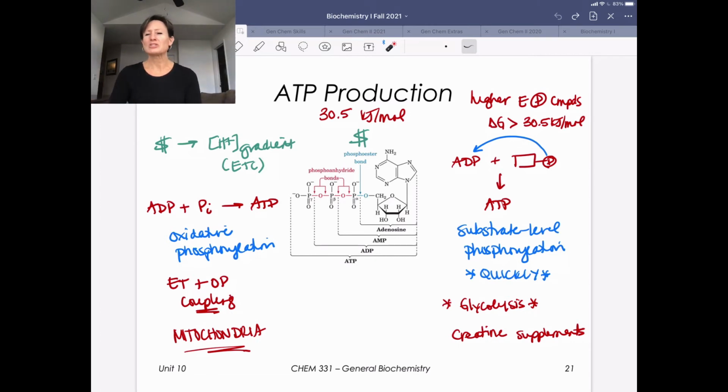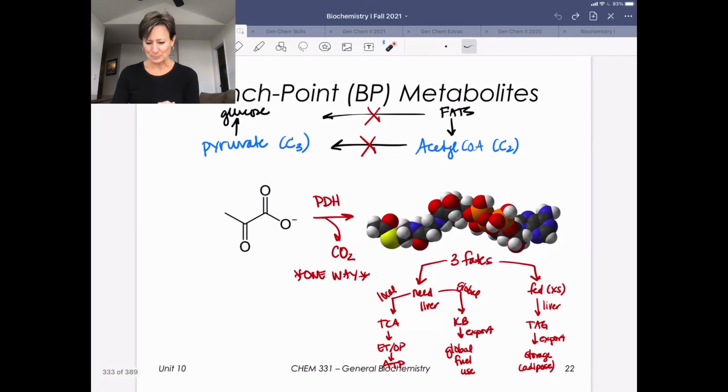We'll learn next semester, and those of you who are interested in exercise physiology and so forth, anybody who takes creatine supplements is actually creating a hidden reserve of ATP in your body by making a phosphocreatine molecule that can quickly generate ATP by substrate level phosphorylation. So we'll get into that story next semester.